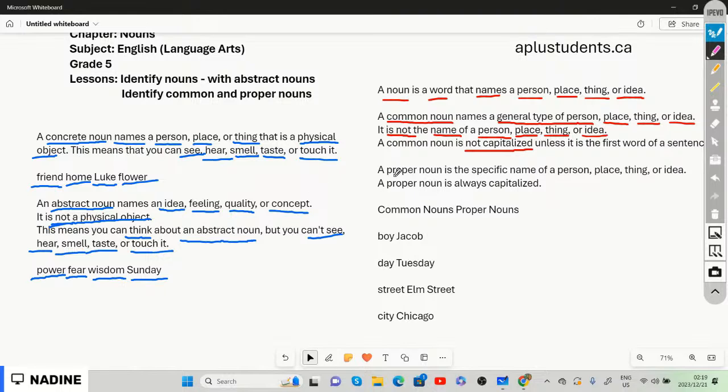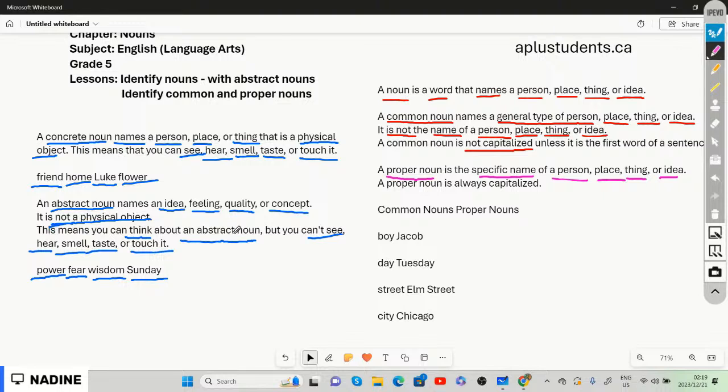Then we have a proper noun, right? And a proper noun is the specific name of a person, place, thing, or idea. So it's a specific name of a person, a specific name of a place, a specific name of a thing, and a specific name of an idea.